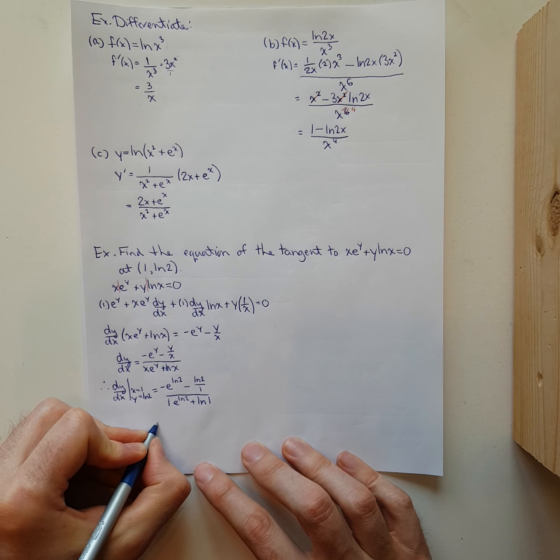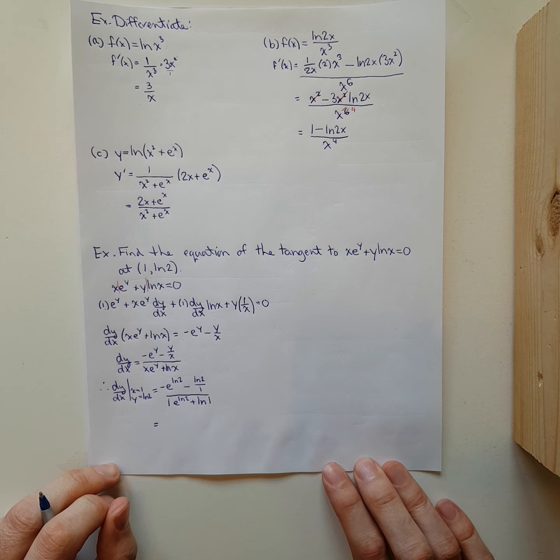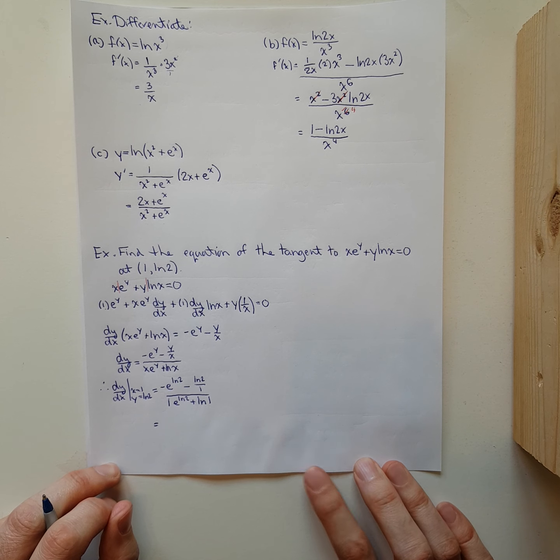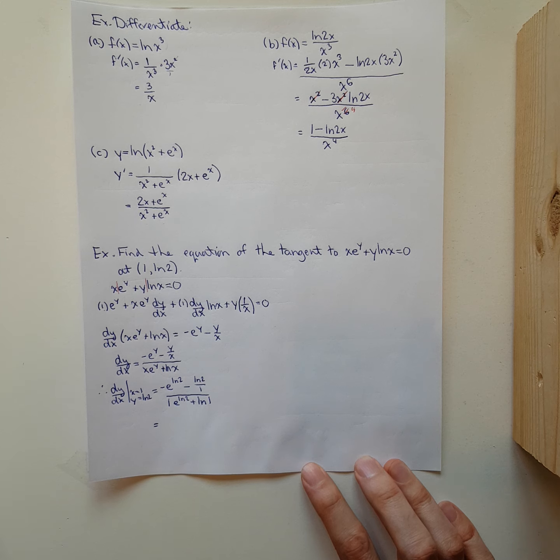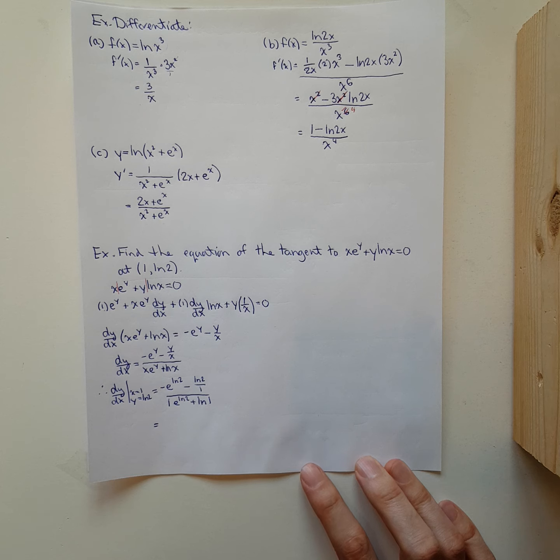Now here you can either use some of your evaluating techniques from advanced functions when we're evaluating logs and exponential functions. If you're really stuck, you can actually evaluate some of these things with your calculator. I'm going to try and stay away from decimal answers, so if things give me decimals, I'm going to end up just leaving them as e's and lns in my expression. This first one does actually simplify quite nicely.